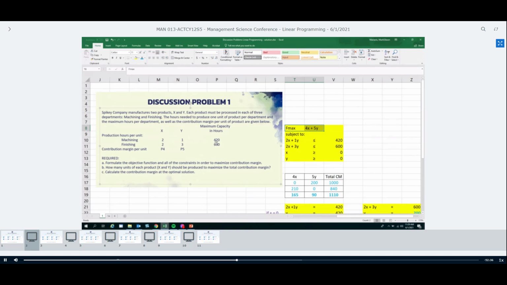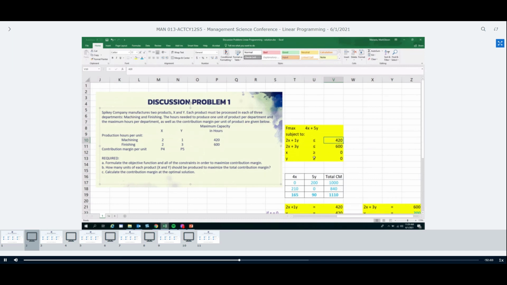So that's 2x, 2 hours per unit of x, and 1 hour per unit of y is equal to or less than 420. Dito class, wag kang magkakamaling ilagay greater than kasi maximum na to, no? So it cannot be greater than 420 dahil ito na yung maximum. So it can only be less than or equal to 420.